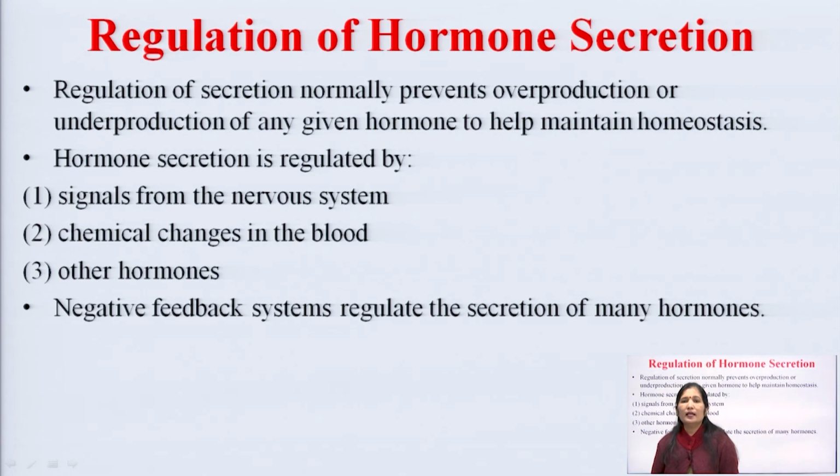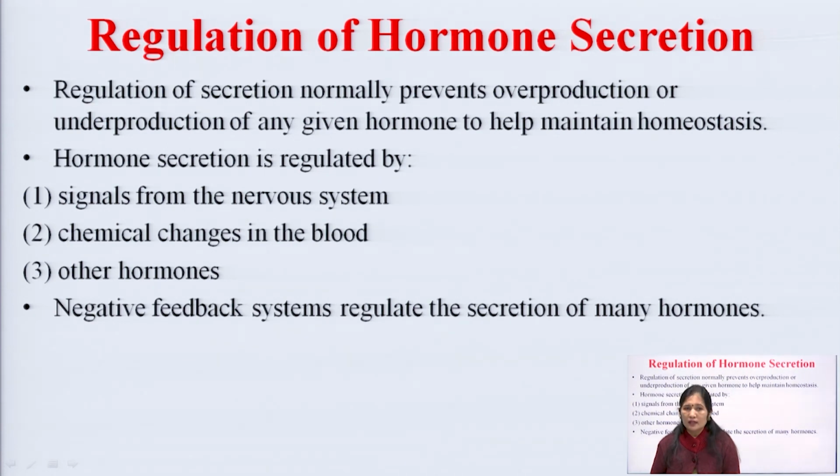Next is regulation of hormone secretion. To maintain homeostasis, hormones should be present neither in excess nor in less amount. So, it is important to regulate the secretion of hormones to prevent overproduction or underproduction of the hormone. And how is it regulated?